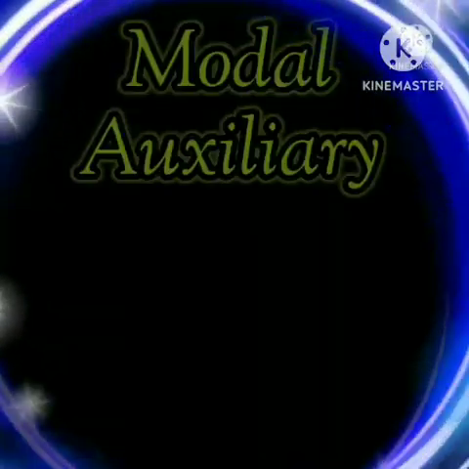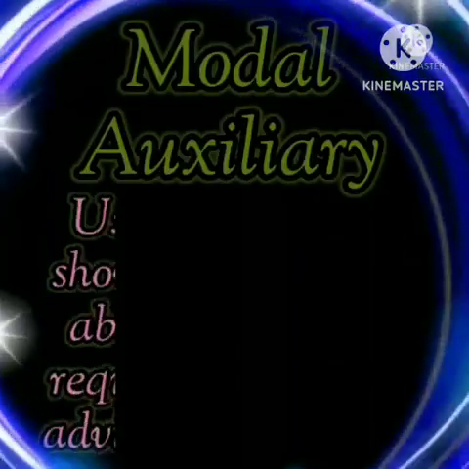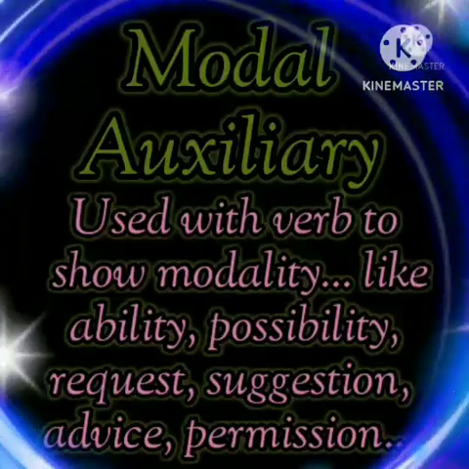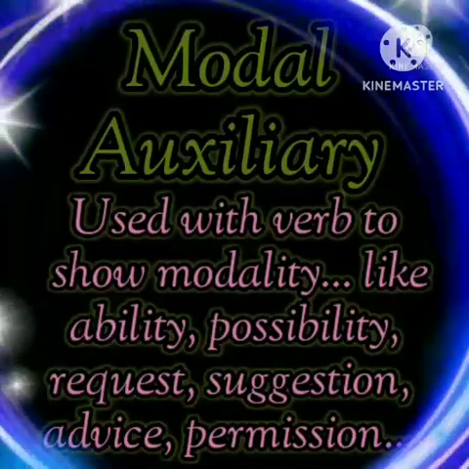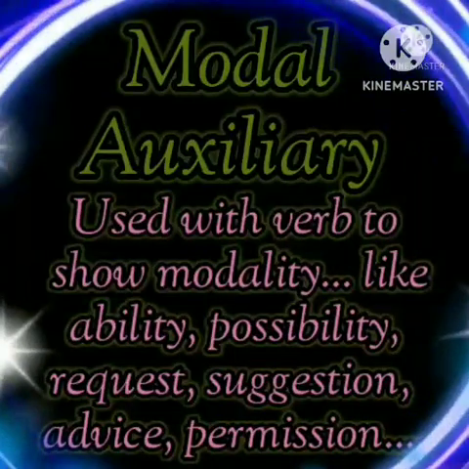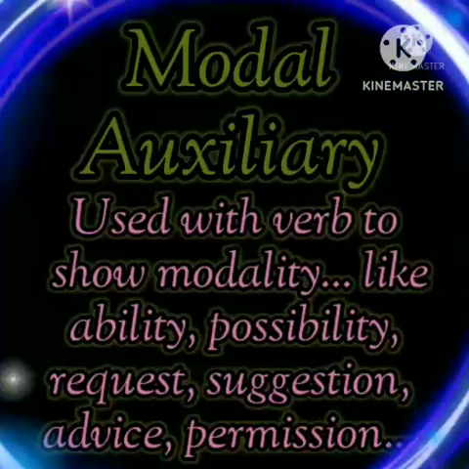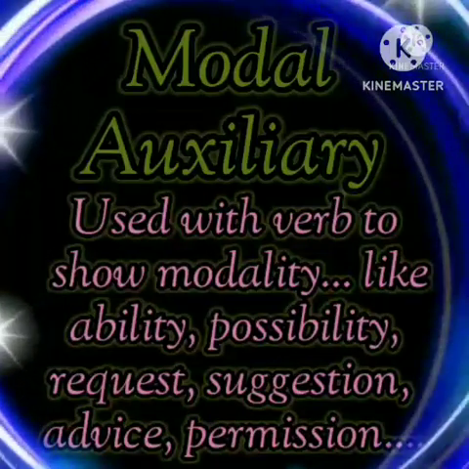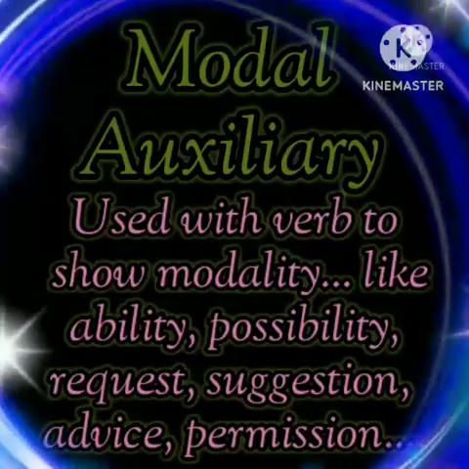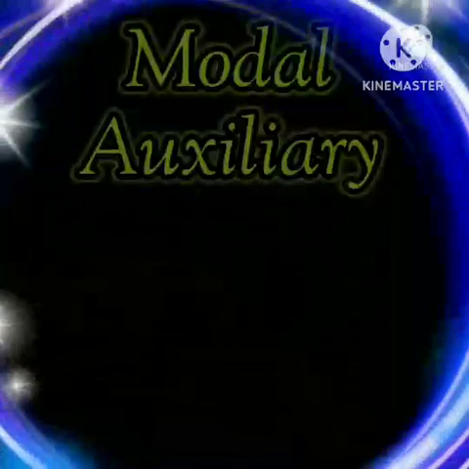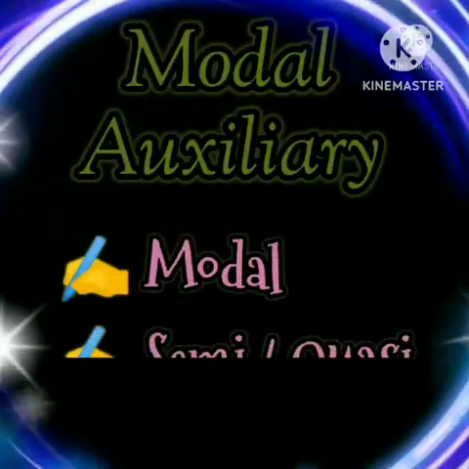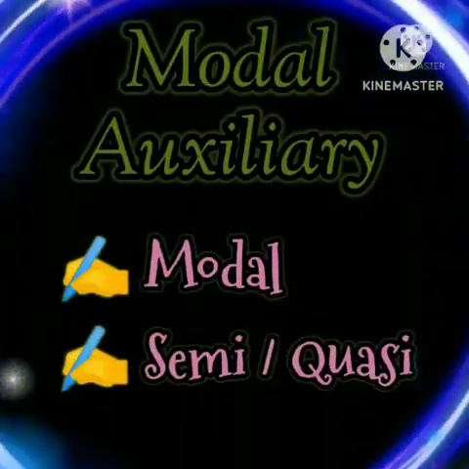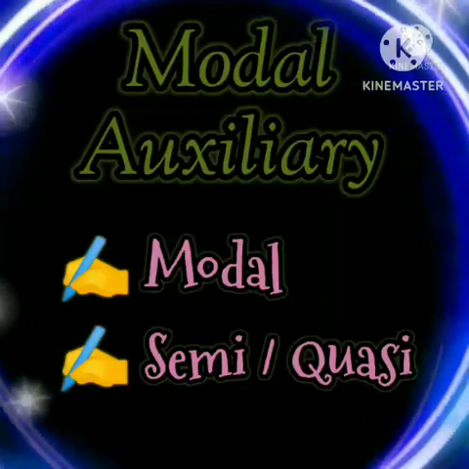Then the modal auxiliaries. These modal auxiliary verbs are used along with the verb to show the modality like ability, permission, request, possibility, necessity, suggestion or advice. These modal auxiliaries can be taken as modal auxiliaries and semi or quasi-modal auxiliaries.